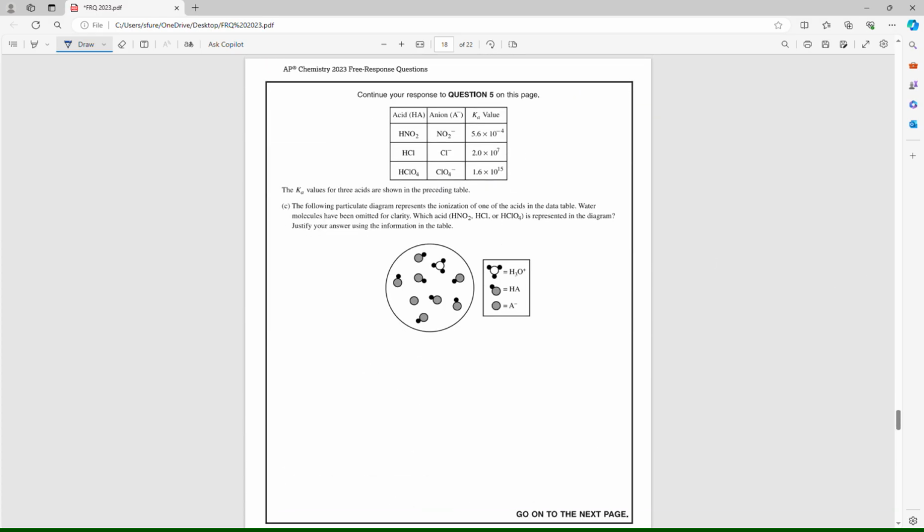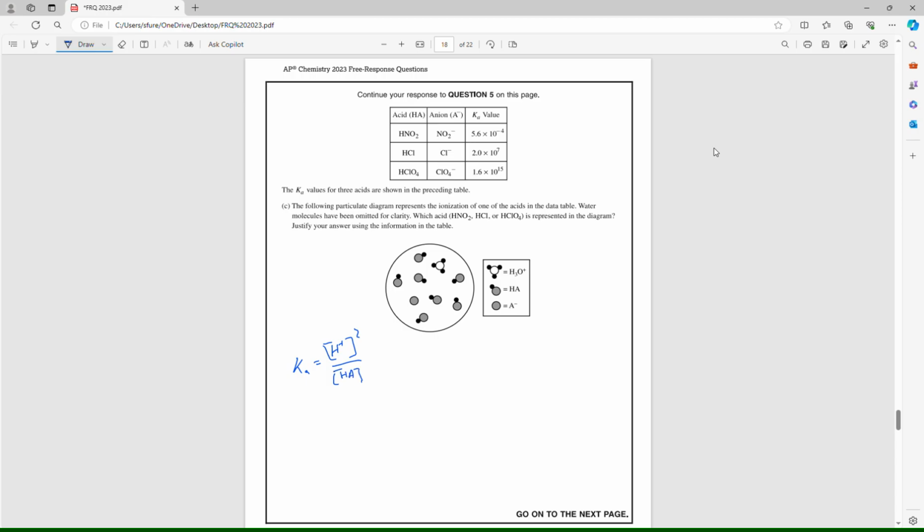Okay, part C. Ka values for the 3 acids are shown in the preceding table. The following particulate diagram represents the ionization of one of the acids in the data table. Water molecules have been omitted for clarity. Which acid is represented in the diagram? So Ka is a measure of acid strength. The formula for Ka is [H+] squared over [HA].